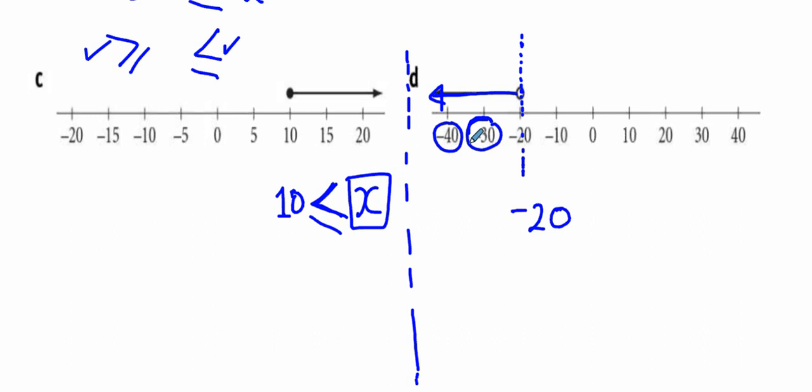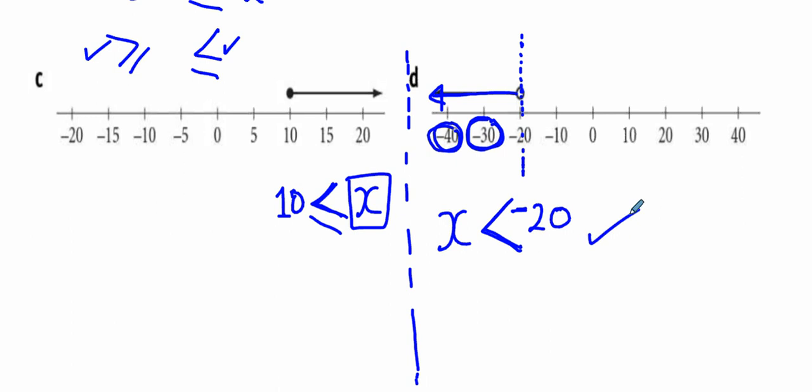It means that these numbers here, -30, -40, -50, to the left of -20, they are all less than -20. So all those numbers are less than -20, and the symbol which we use to summarize all of those numbers is the letter X. Here X stands for all numbers which are less than -20. Okay, that is our inequality.